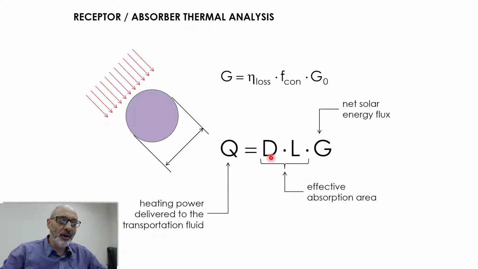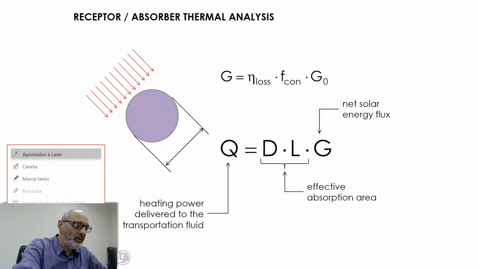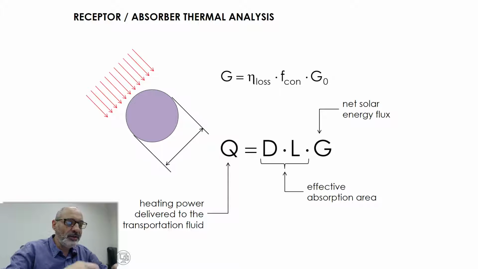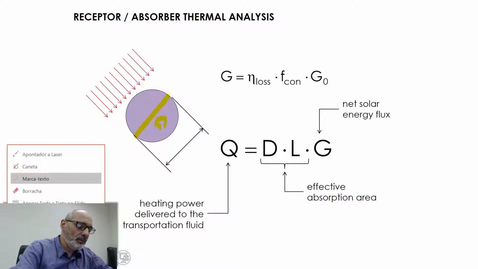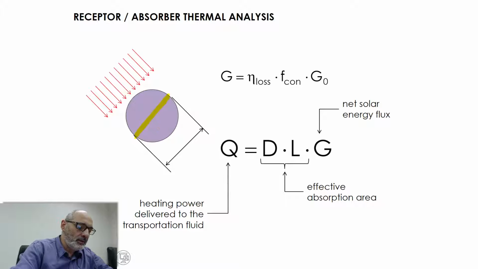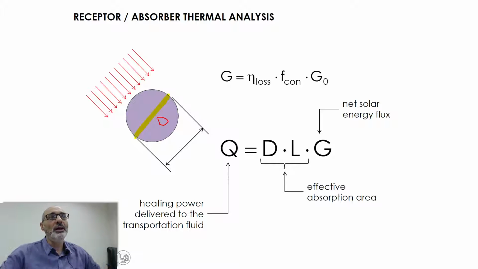An important remark here is that the area actually corresponds to what we call the projected area. Let me get my pen here. The projected area is this area here. This dimension here is D, and the total length of the absorber is L. So this term here is actually the total absorption area.